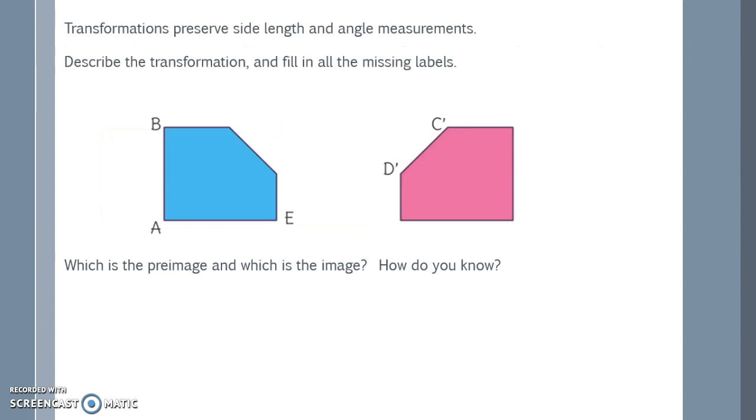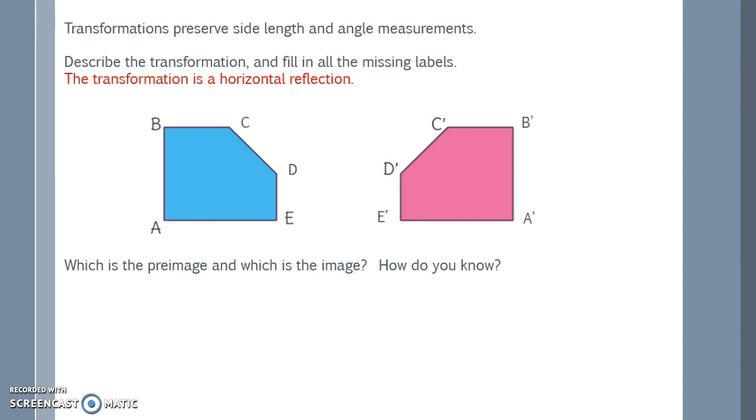Transformations preserve side length and angle measurements. Describe the transformation and fill in the missing labels. Which is the pre-image and which is the image? How do we know? The transformation is a horizontal reflection.